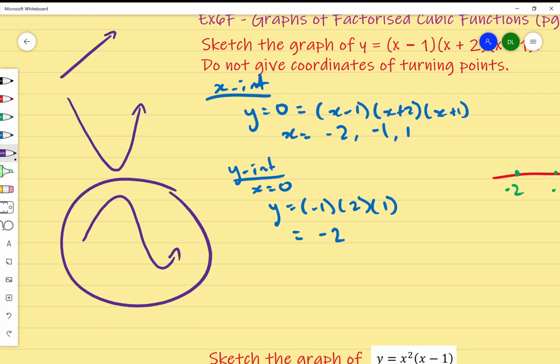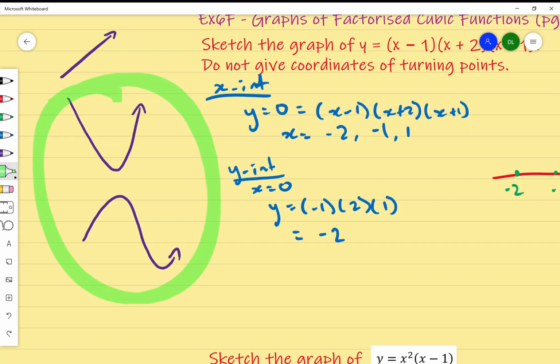What is the one key difference, or let's say similarity, between these two functions here? They both have a turning point. Thank you very much. In this case, a quadratic has one turning point. A cubic has two turning points. So it makes sense that a polynomial with a degree of 4 would have how many turning points? 3.